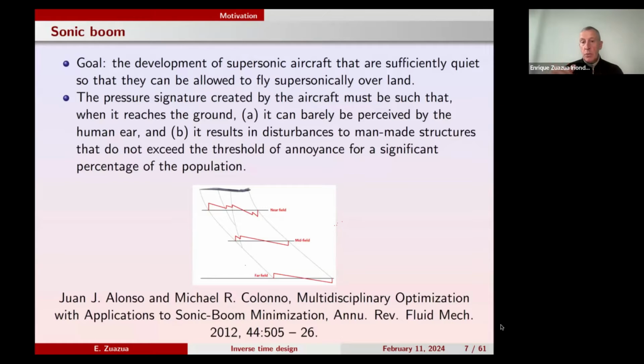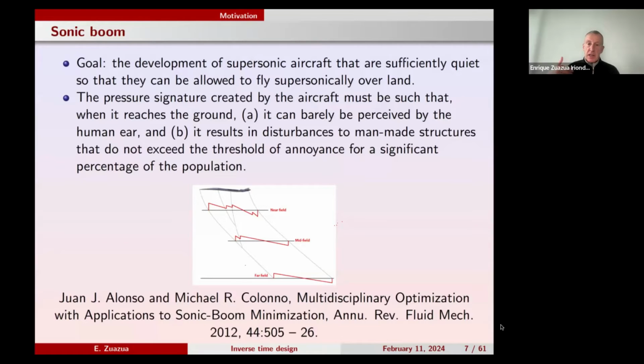So the question formulated about the design of the shape of this new generation of supersonic aircraft is how to design the shape so that the initial signature is adequate to guarantee that when reaching Earth at the final time, this signature will be admissible.